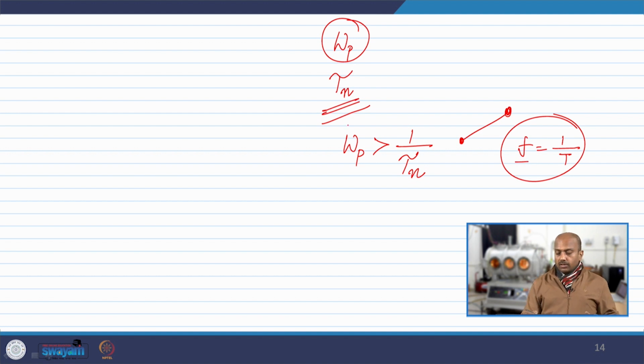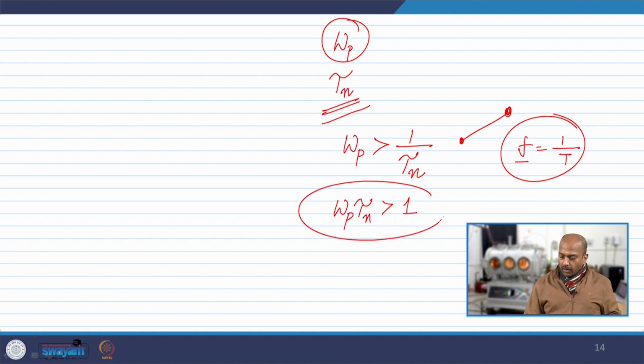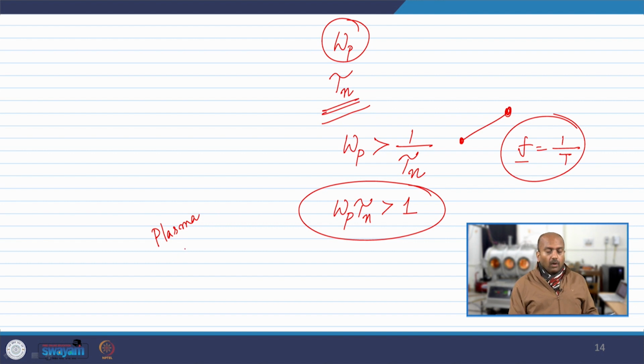Otherwise I have to convert this frequency into time and then compare, but I have done it by inverting the time, so both are in the same dimensions. You would expect that the plasma frequency is so high in comparison to the collision rate. So, we can write ωp τn much greater than 1. This is the first plasma criteria. In order to call an ionized gas a plasma, it should fulfill this criteria.